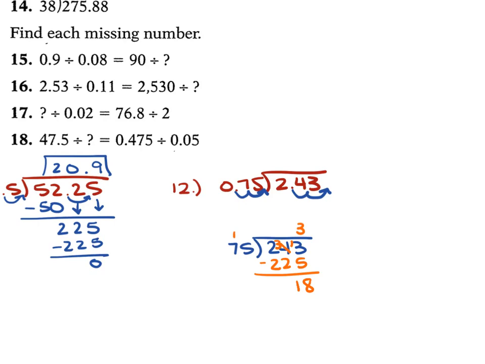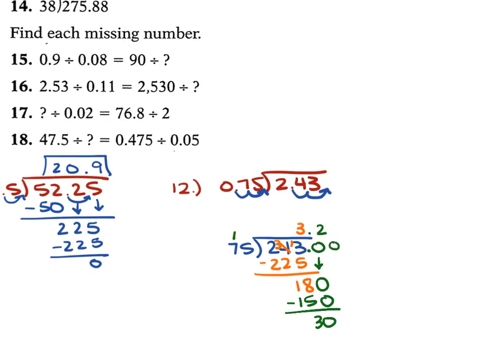Because we are going to keep going, we're going to add a 0, and we're going to add a decimal point as well, and then bring that 0 down to work with 180. So 75 goes into 180 twice. The 2 times 5 is 10, carry the 1. 2 times 7 is 14, plus 1 is 15. So 180 minus 150 is 30.